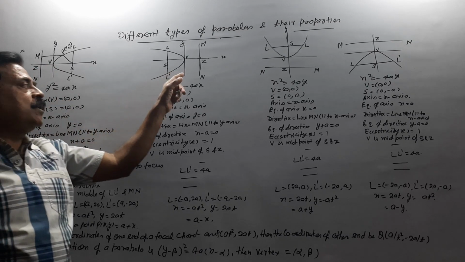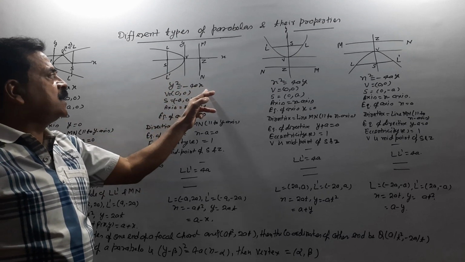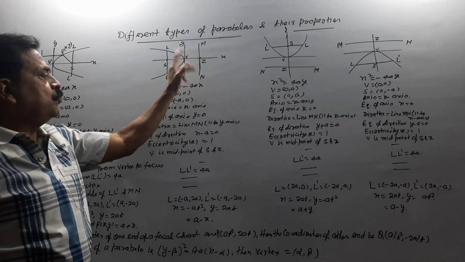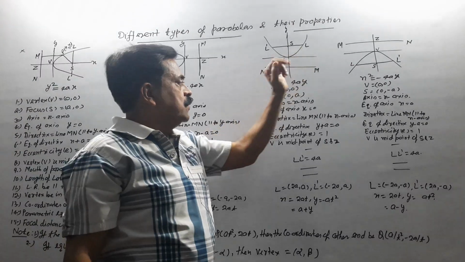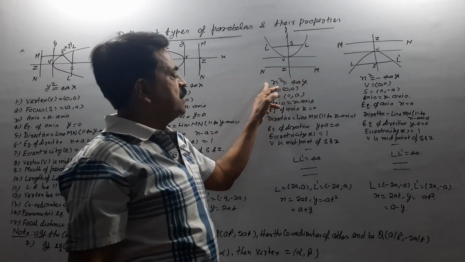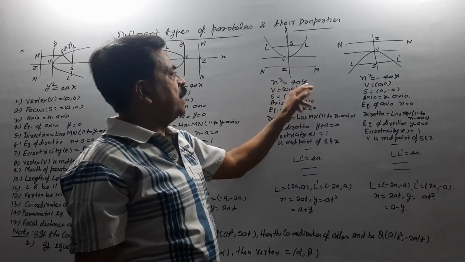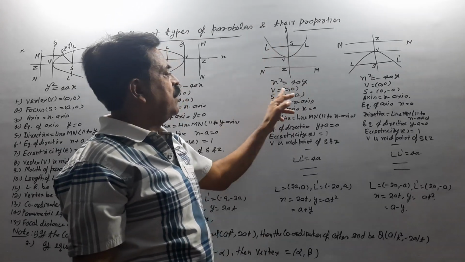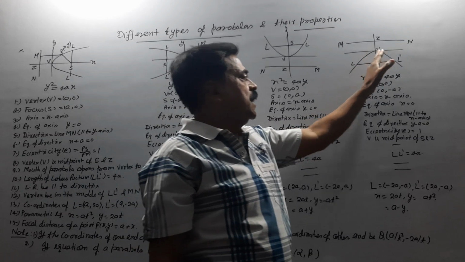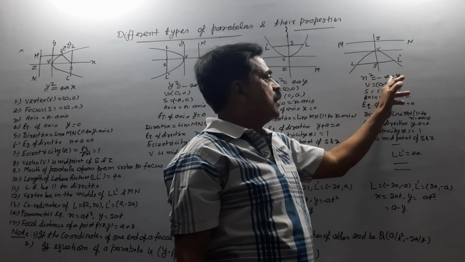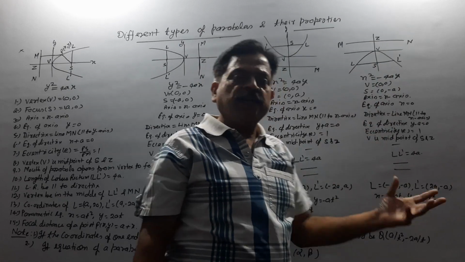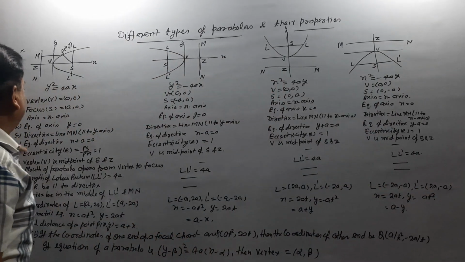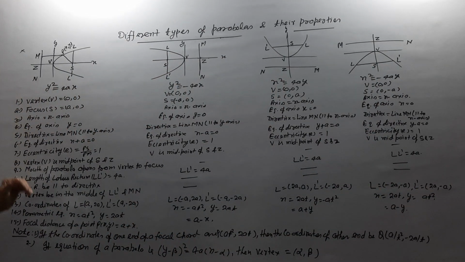If the parabola is y square equals minus 4x, the vertex is the same, denoted by B, with coordinates 0, 0. In the third kind of parabola, the equation changes to x square equals 4ay, the shape is this, and the vertex is 0, 0. In the fourth kind, x square equals minus 4ay, the shape is this, and the vertex is again 0, 0.